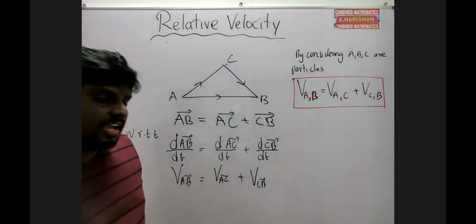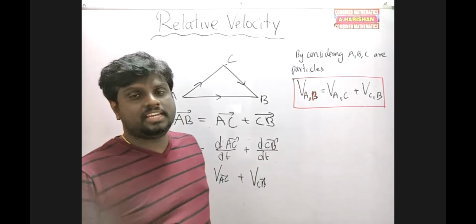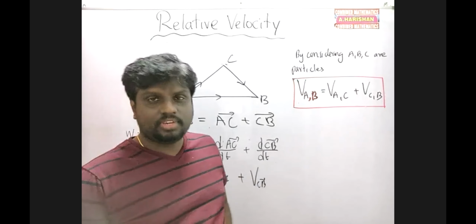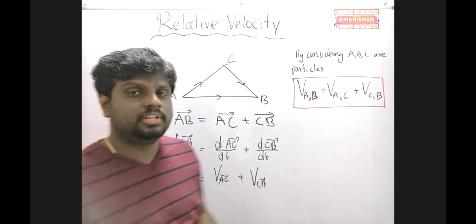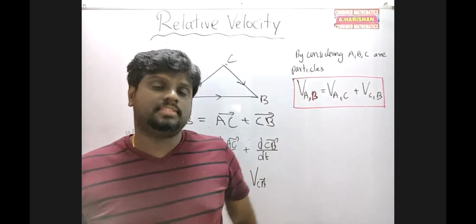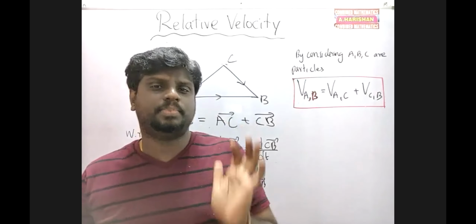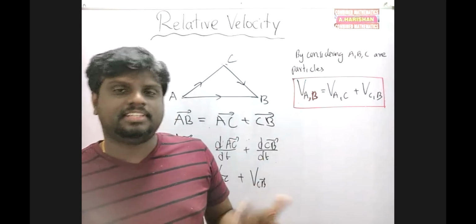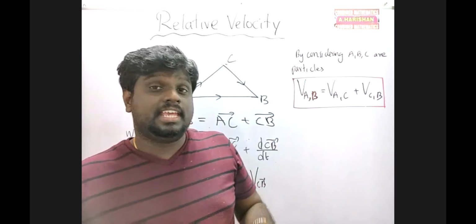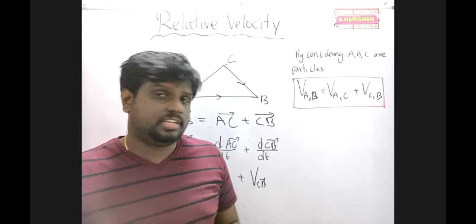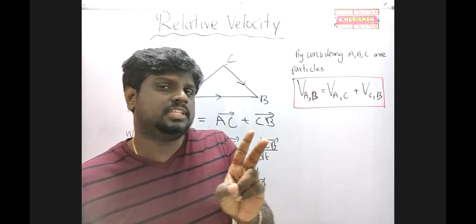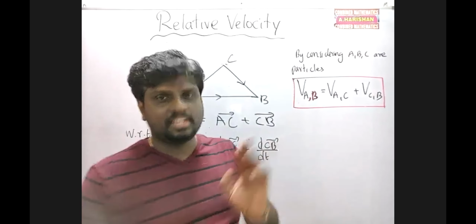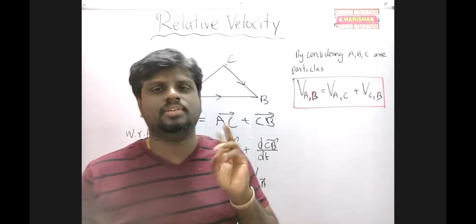So what we have to do if a relative velocity question is given, what is the process? Keep it in your mind always, 99 percent, or 100 percent, I can say: in a relative velocity question, you have to find only two unknowns.